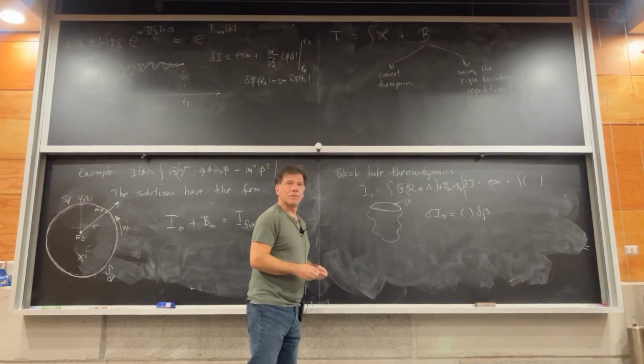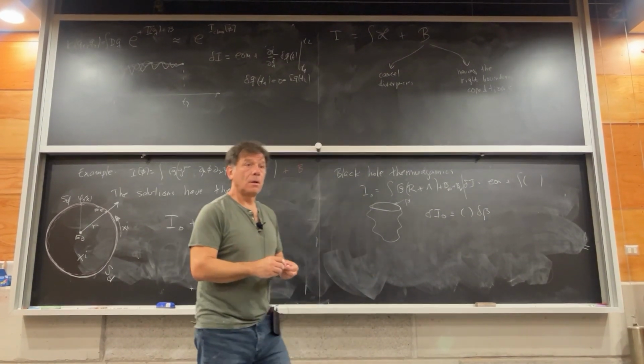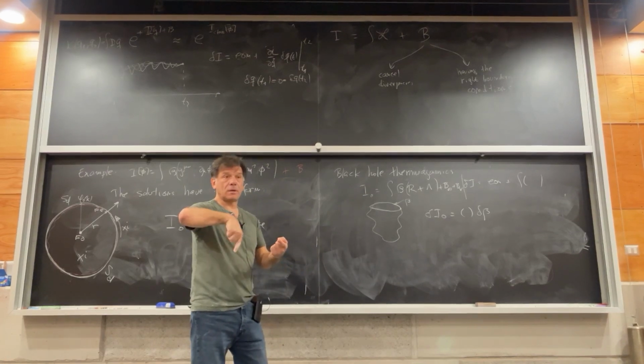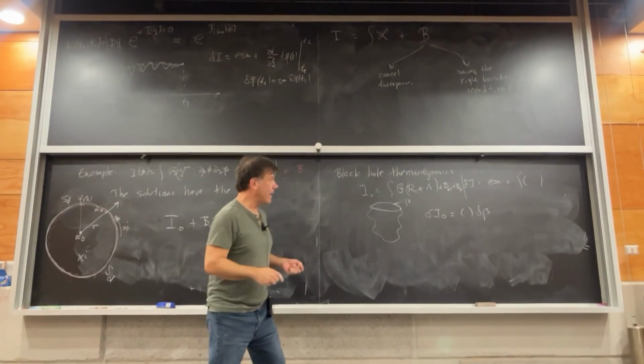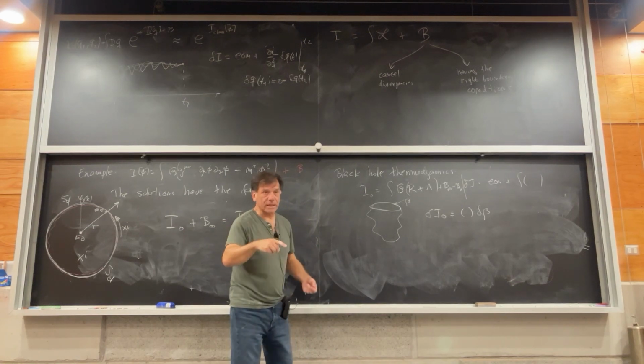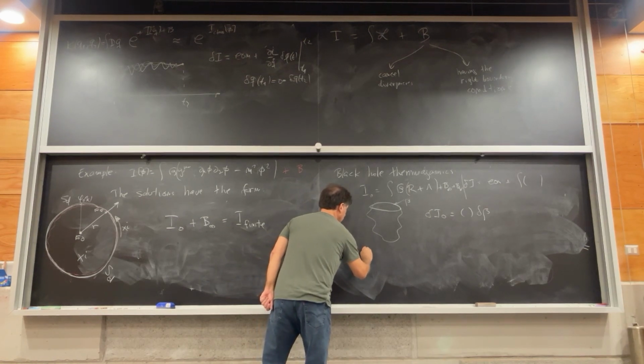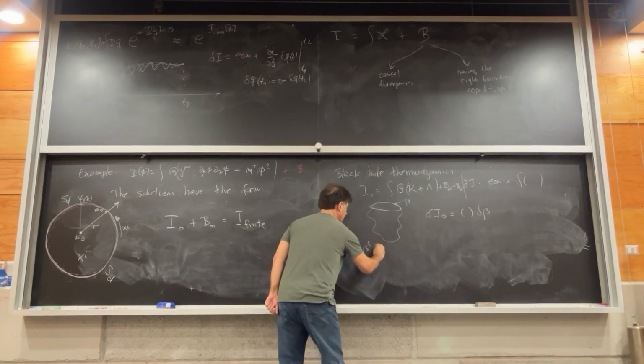What is beta? Beta is the Euclidean period. It's not the coordinate, it's the period of the coordinate. So normally in Schwarzschild, you write it like this.